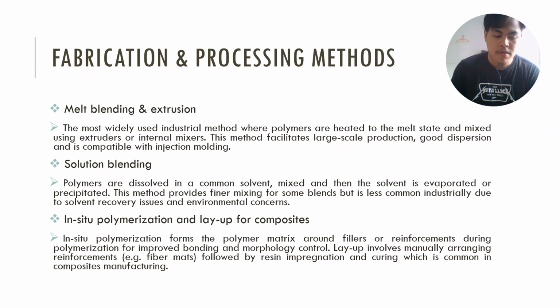The third one is in situ polymerization and layup for composites. In situ polymerization forms the polymer matrix around fillers or reinforcement during polymerization for improved bonding and morphology control.